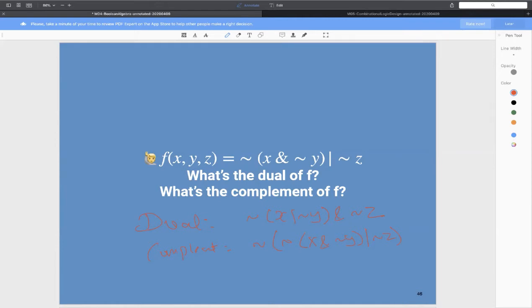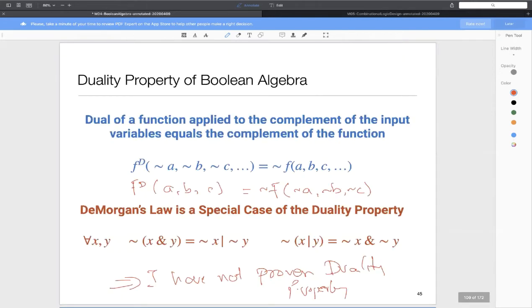Or I could do the complement another way. Remember, what did it say? That the complement of f is f_d applied to the complements.